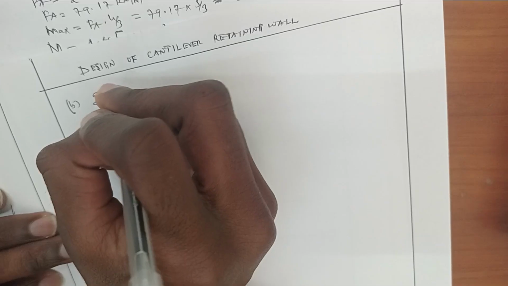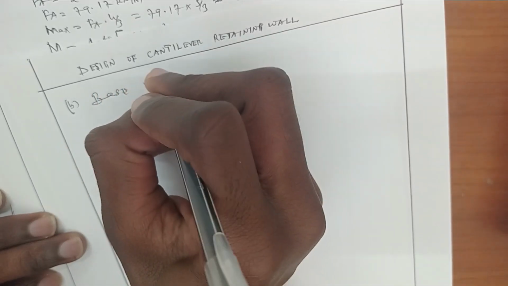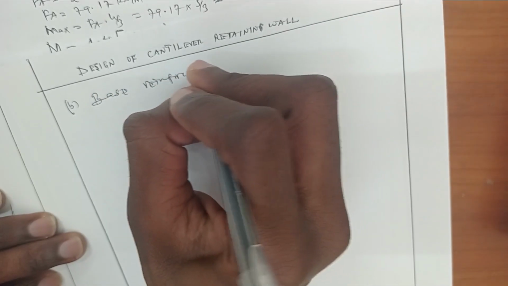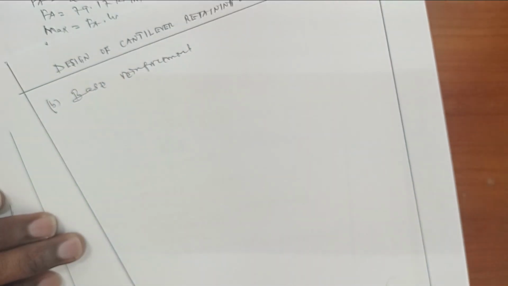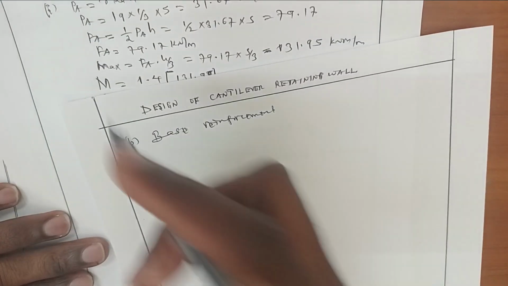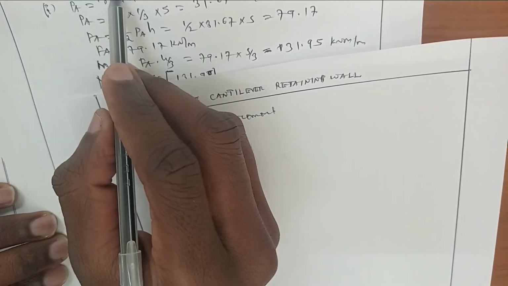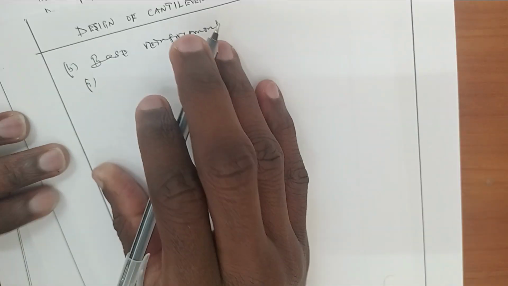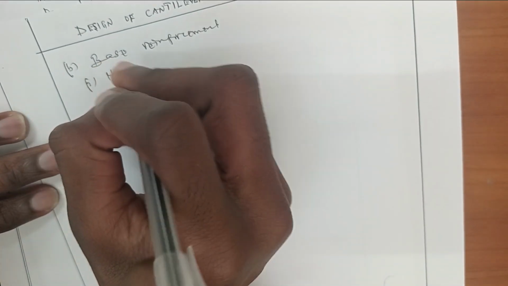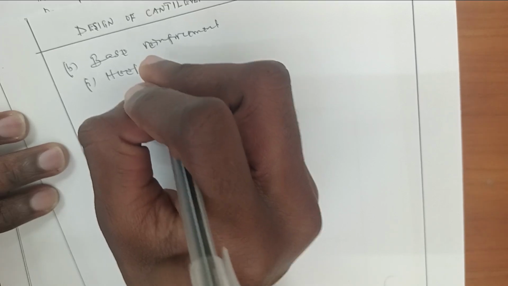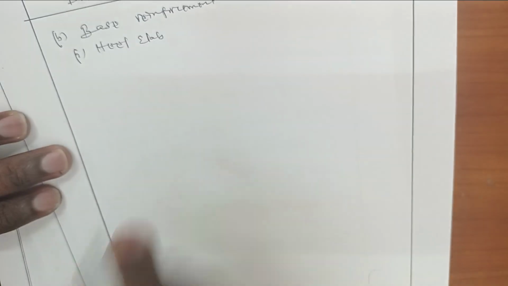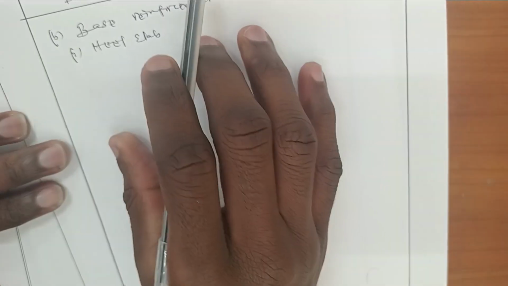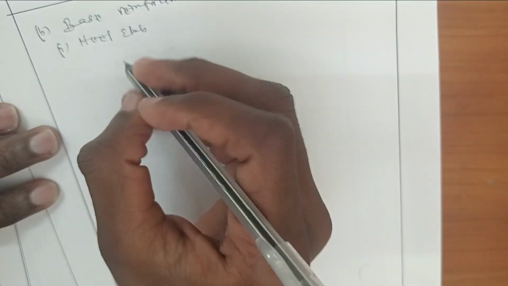This base is made up of the heel slab and the toe slab. Now let's start with the heel slab.